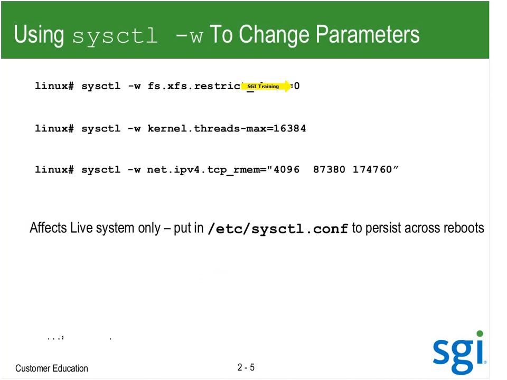The other one I have here that we're going to be doing in lab is threads-max. That is the maximum size of the process table, and max procs, before a fork failure.